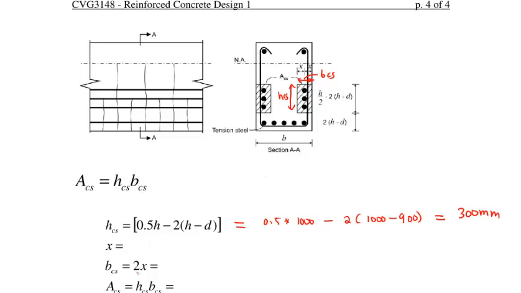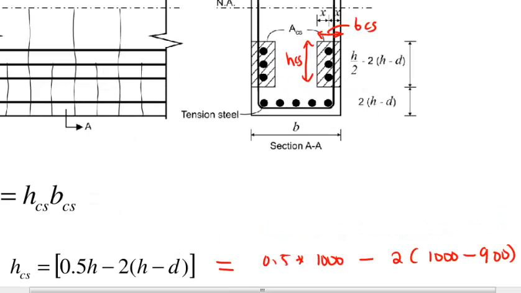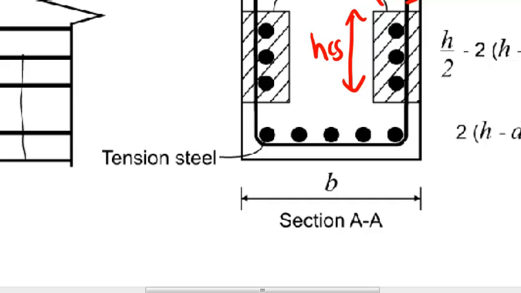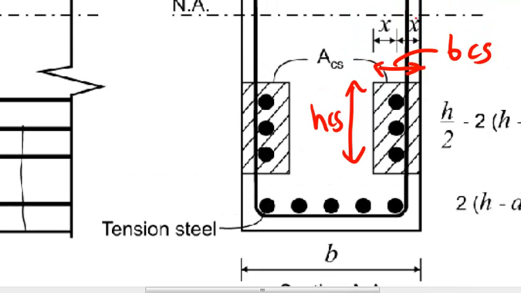The next part is this BCS. So this BCS is just 2 times this X value. So if you zoom into this figure, what is this X? This X is simply the distance from this exterior face of your beam until the centroid of this skin reinforcement. So it's basically the cover plus the stirrups plus half of one of these skin reinforcement bars.